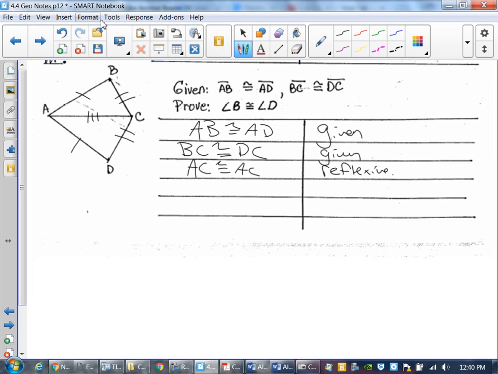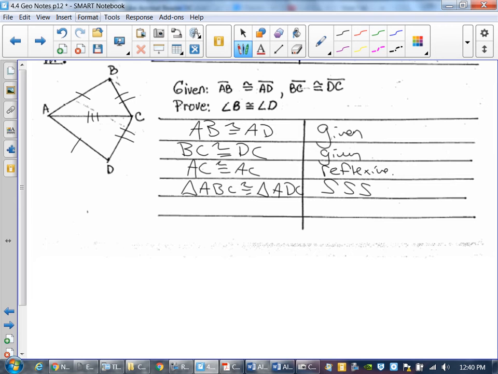Do we have triangles now that are congruent? How? Yep. And now comes the part of the new thing for today.